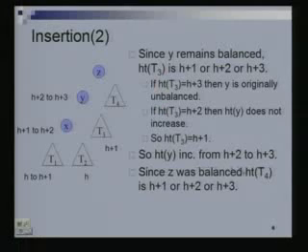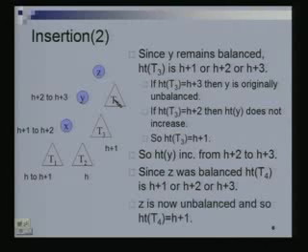So since z was balanced, the height of T4 is h plus 1 or h plus 2 or h plus 3. Since this was originally h plus 2, T4 could only have been h plus 1, h plus 2 or h plus 3. And since it is now unbalanced, it cannot be h plus 2 or h plus 3, it has to be h plus 1. So this is h plus 1.